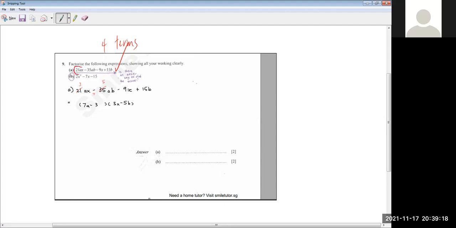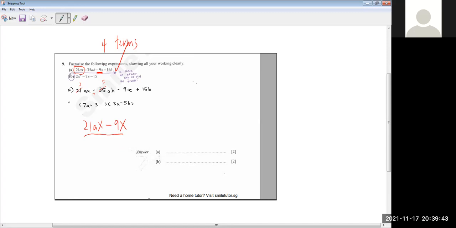Let's say you see a 21ax, and then you see a minus 9x. So you can group the terms with x together. This is the one group.